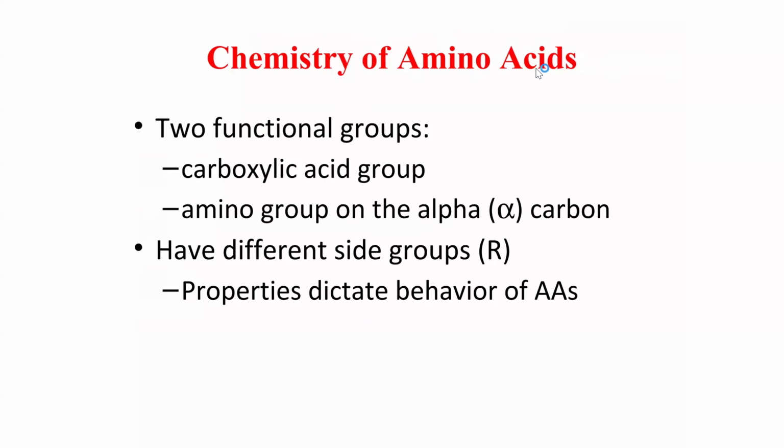Yes, what I'm saying is that in amino acids, there are 3 different groups attached to the alpha carbon. This alpha carbon is attached to one carboxylic group, an amino group, and then the R side chain. This R side chain varies from one amino acid to another.